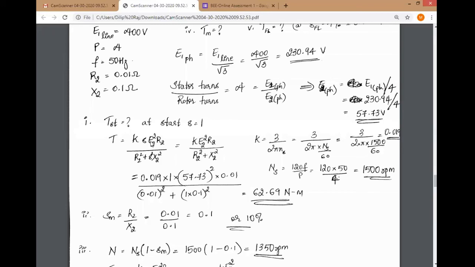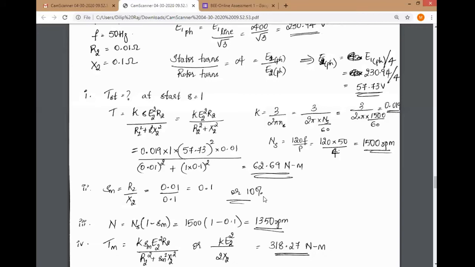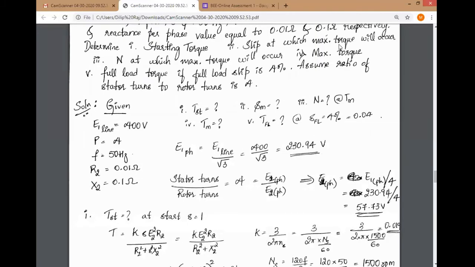E2 should be the per phase value, which we have already calculated, 57.73 squared, into R2, given as 0.01, divided by 0.01 whole squared plus 0.1 squared. S is 1. If you calculate this, the value of torque during starting will be 62.69 Newton meter.